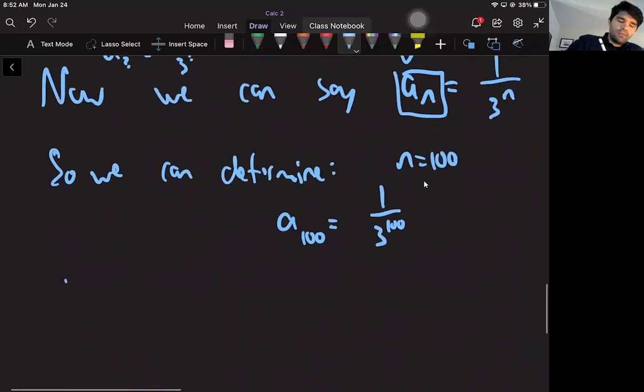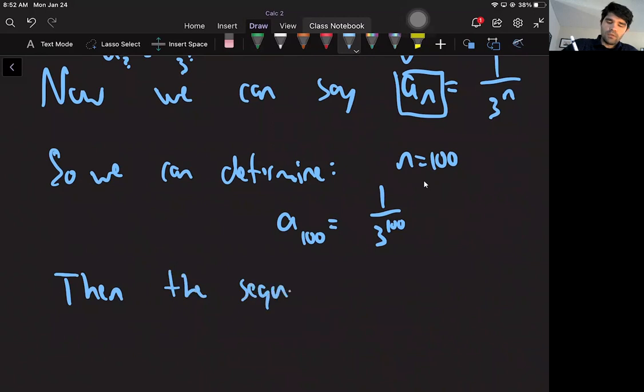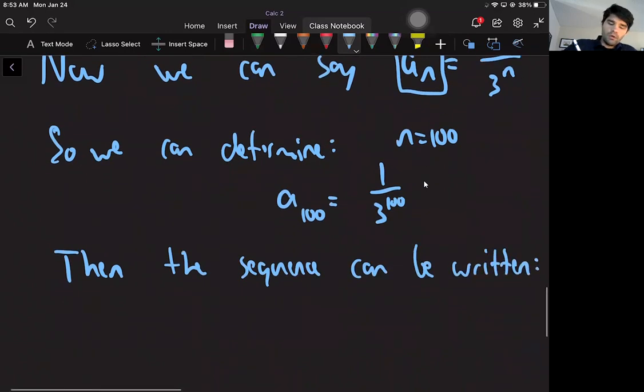So then, just to be very pedantic, this is the nth term. The sequence can also be written using this notation. So instead of writing the list, I can write this.